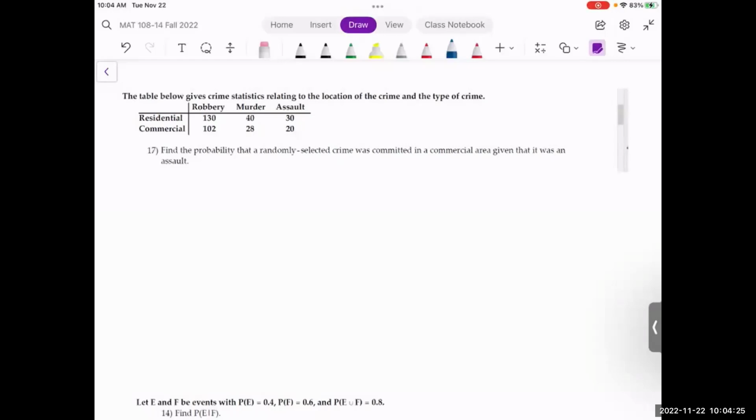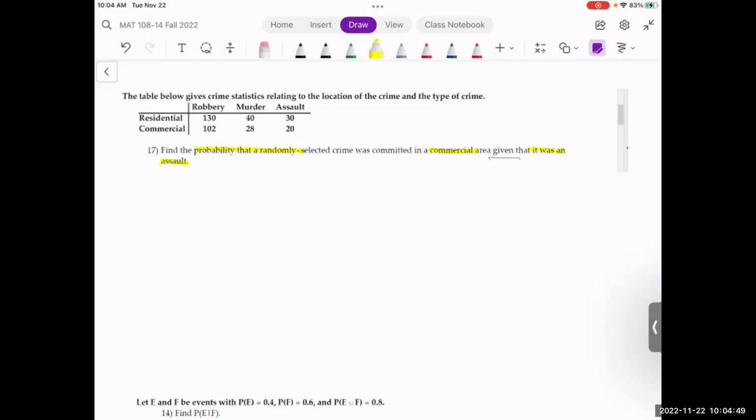Okay, let's do this, guys. Number 17. We want to find the probability that the selected crime was committed in a commercial area, given that it was an assault.